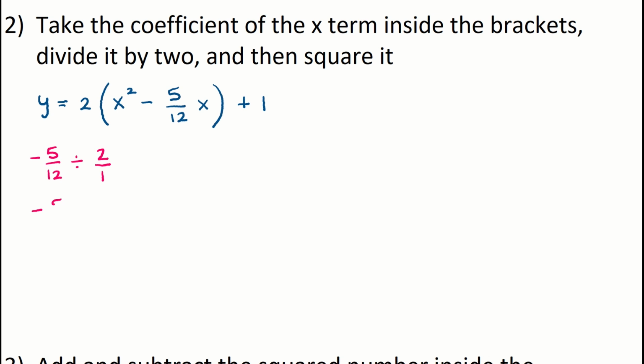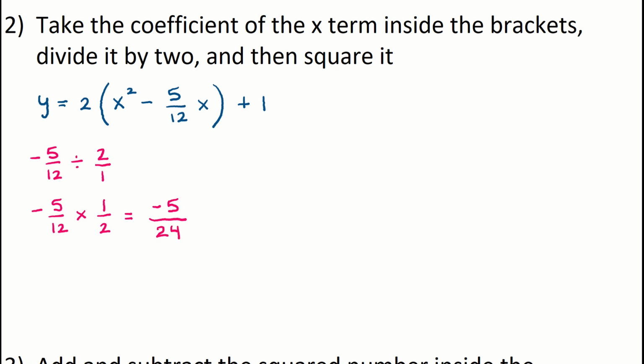So we have negative 5 over 12. We're keeping that the same. We're changing the division sign to a multiplication sign. And we're flipping the 2 over 1 into a 1 over 2. So same thing as before. Negative 5 times 1, multiply the numerators, you get negative 5. 12 times 2, you multiply the denominators, and you get 24.